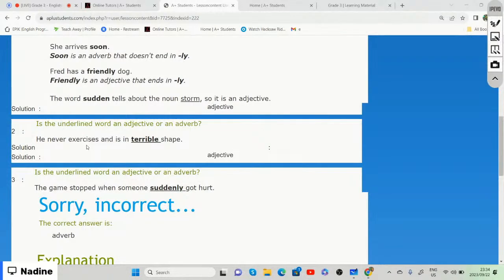He never exercises and is in terrible shape. We need to identify if the word is an adjective or an adverb. Terrible shape.